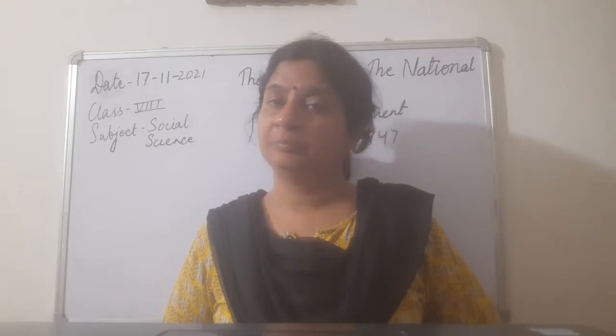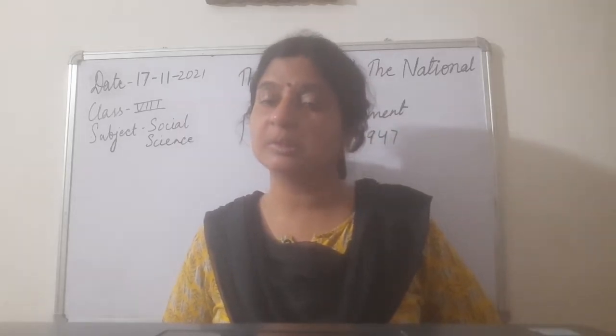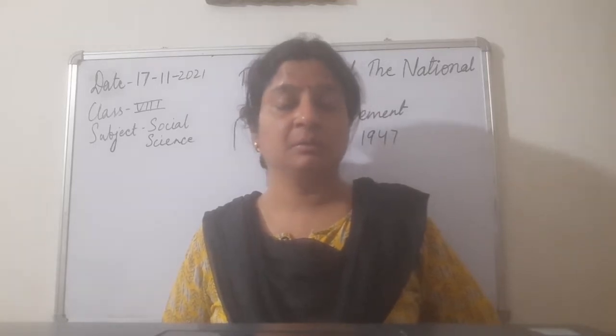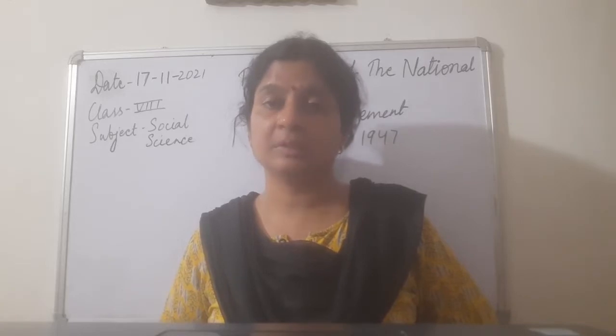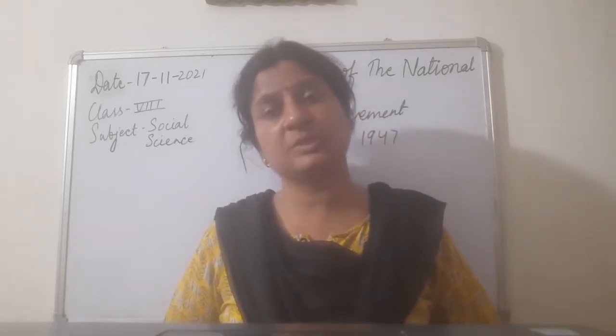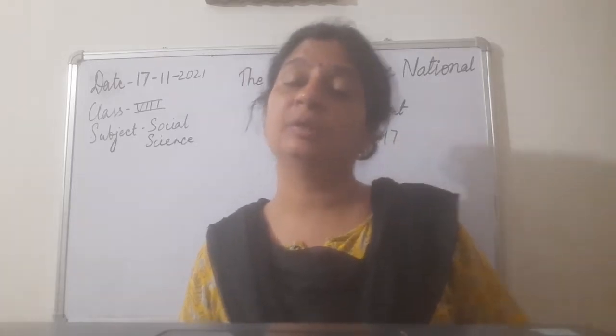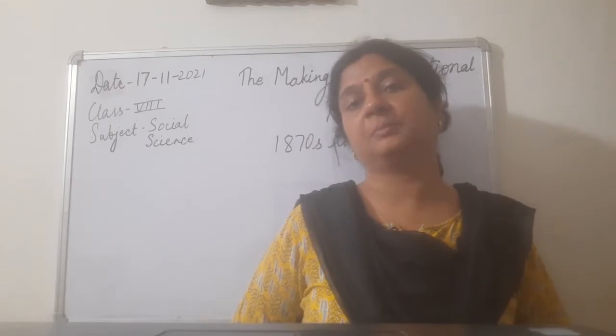Then the Mughal ruler was also disrespected by the British East India Company. So these were the first and most important reasons for the discontentment among Indians with the British rule.